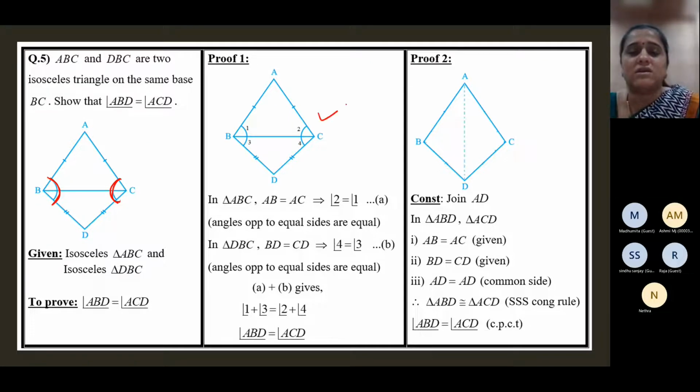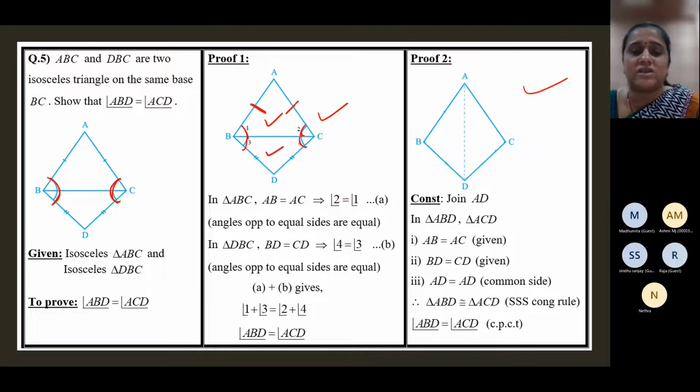So we learned it in two ways. One is when two sides are equal, the angles opposite them are equal. So since this side is equal to this side, angle 2 is equal to angle 1 in this triangle. Similarly, angle 3 is equal to angle 4 in this triangle.